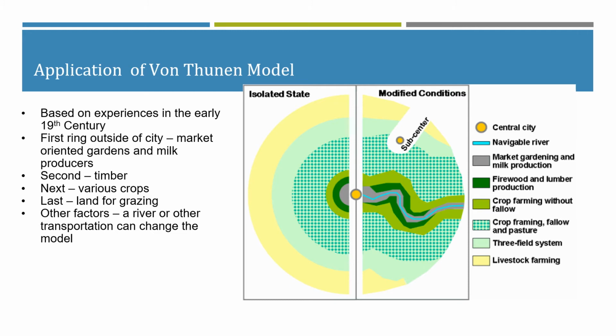Now, according to the von Thunen model, the second ring outside of the city is going to be timber or wood. Now, if you had to say what has changed the most about the von Thunen model, it really would be this one. In the 1800s, you needed wood to be close to the city because they used wood for everything in the 1800s. It was the main building material, it was the main heating material, so you needed wood to be close.